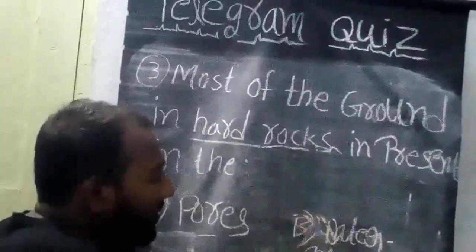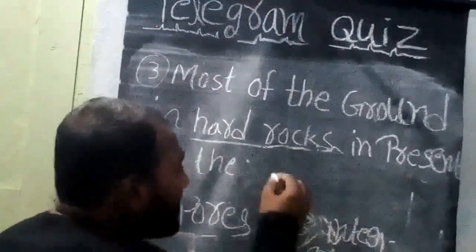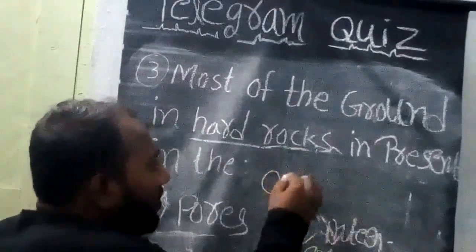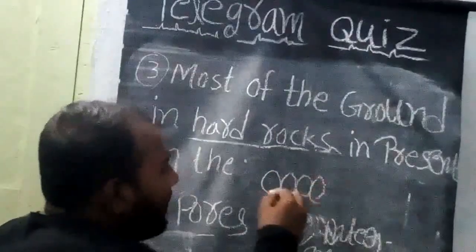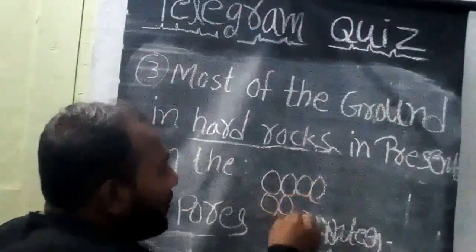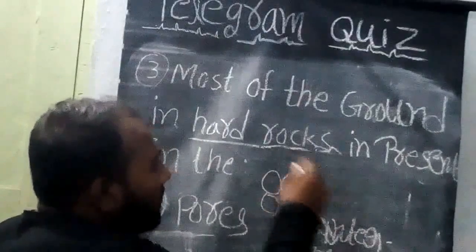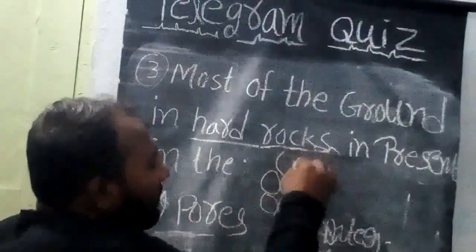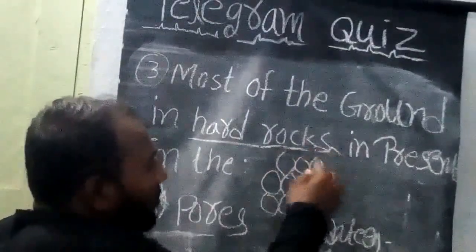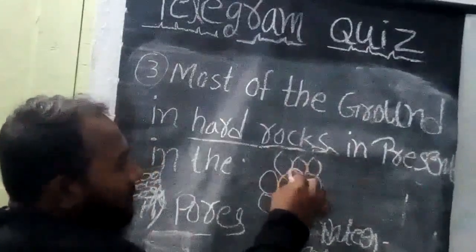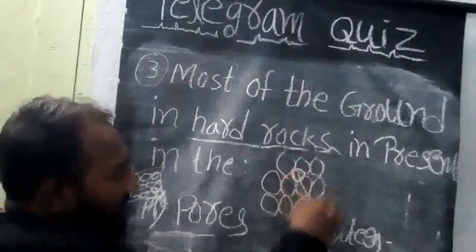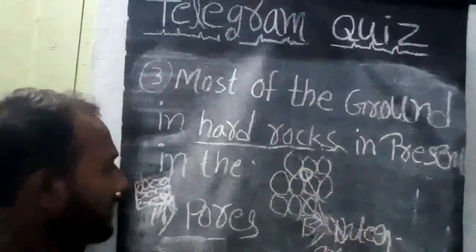Next, intergranular spaces. Intergranular spaces means the space between each grain, grain to grain, in the packing. You can see the space between grain and grain is called intergranular spaces.